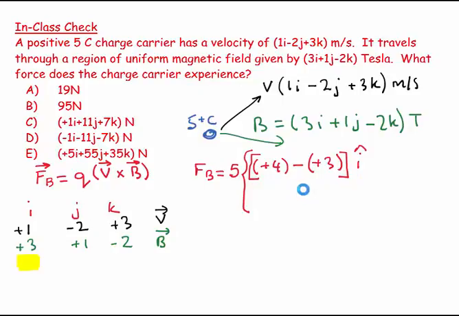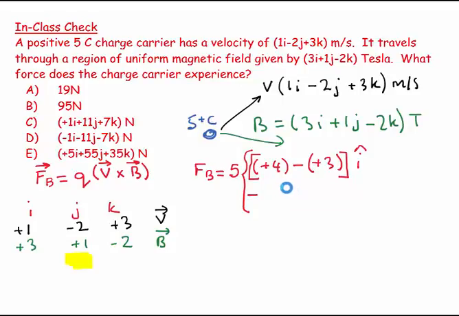And then I move my highlighter. So now I'm going to highlight under the J because I'm going to ignore that column. I have to remember that I put a negative sign down, and that's just the way it works.